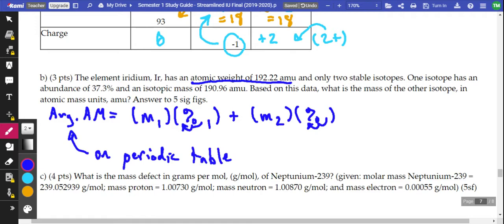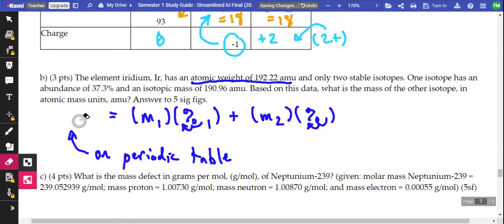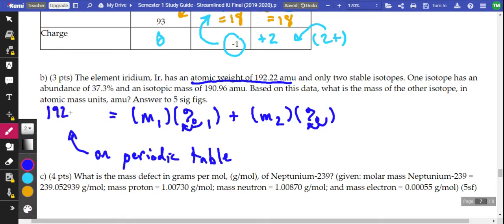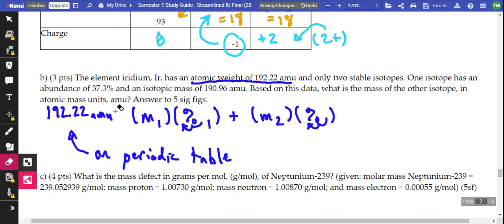That atomic weight is the average atomic mass, same thing, different word. 192.22 AMU is that special weighted average that tells us how heavy the element is overall based on the different isotopes that we can find in there, how abundant they are, and what the mass of each one is.